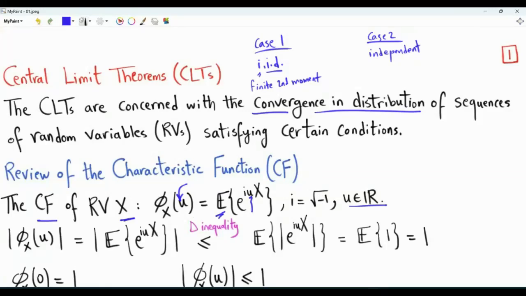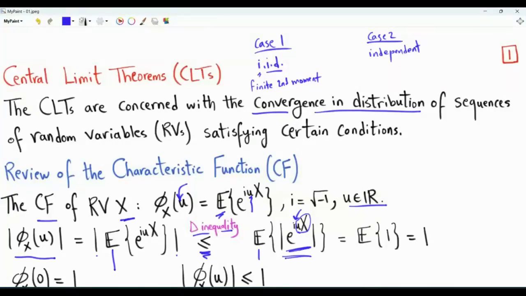Note that the characteristic function is an expectation. This expectation may not exist, or it may not yield a finite quantity. But this is not the case for the characteristic function. If we take its magnitude, then we can employ the triangle inequality. The magnitude of the expectation is less than or equal to the expectation of the magnitude. What is this number? We have e to the i, and then we have a real number here.